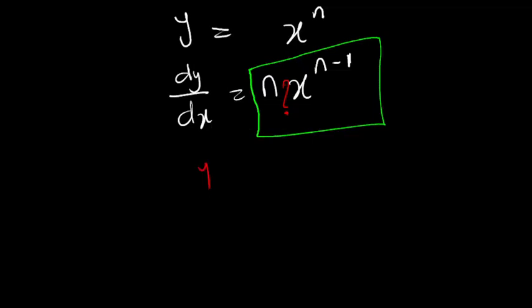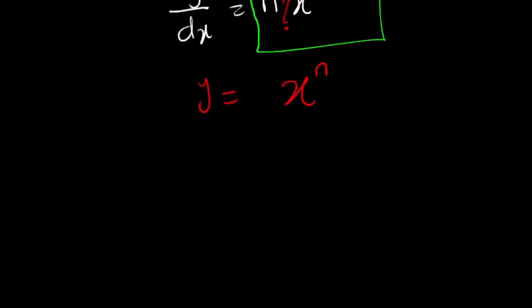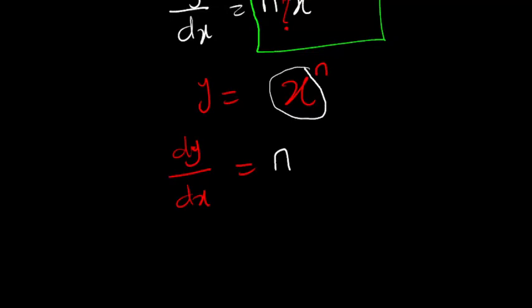Now, when we have y is equal to x raised to power n, you can see I'm using the red marker. When you were trying to differentiate it, to find your dy dx, you brought down this n, right? We also differentiated this x as well.